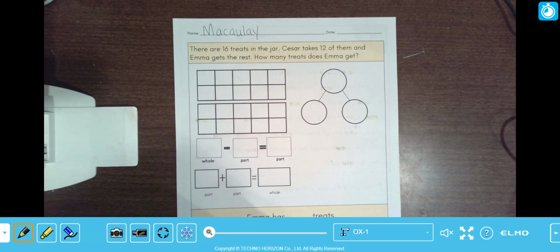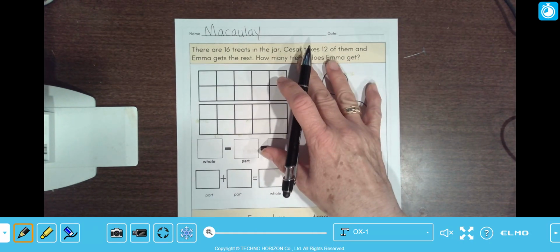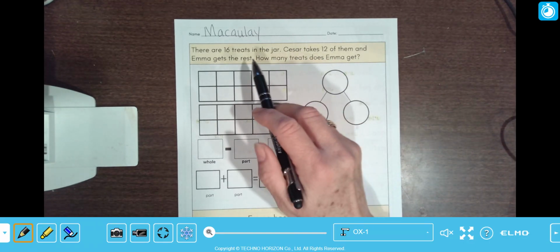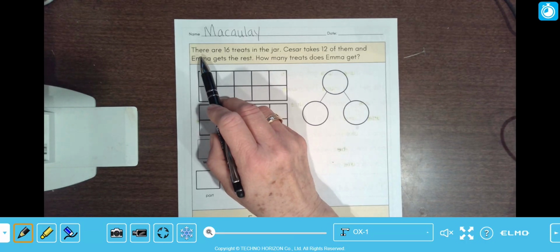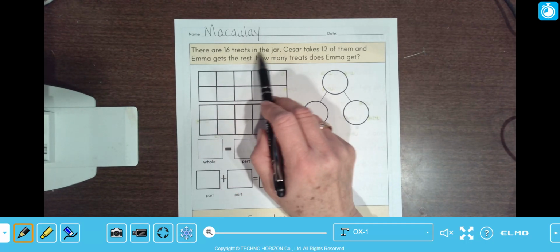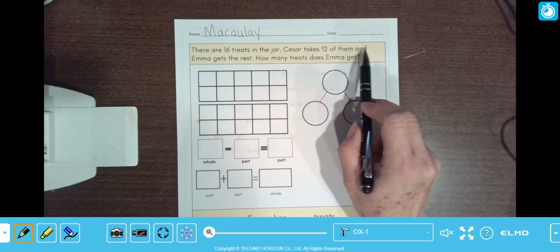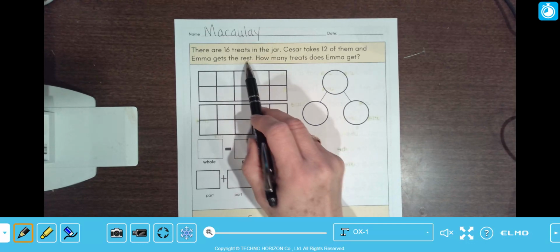Okay. So the next question is, what's happening with Caesar and Emma? So I'm going to read it again, and you're going to think about what's happening as you are reading or listening. Begin. There are 16 treats in the jar. Caesar takes 12 of them, and Emma gets the rest.